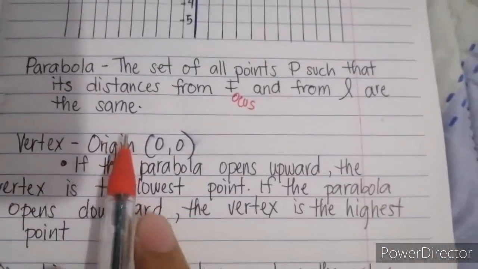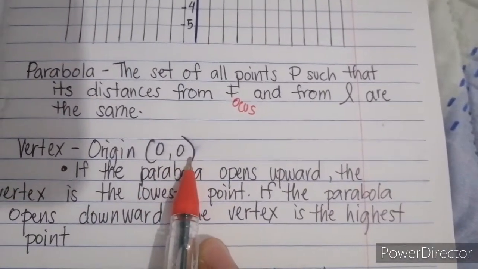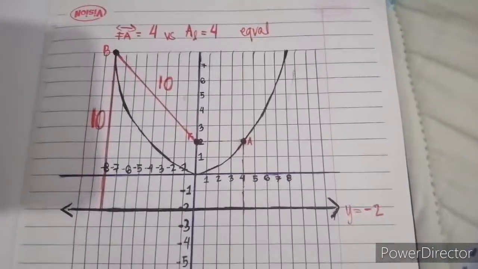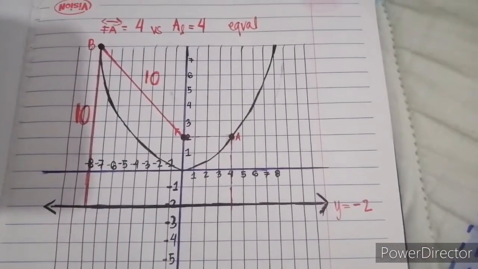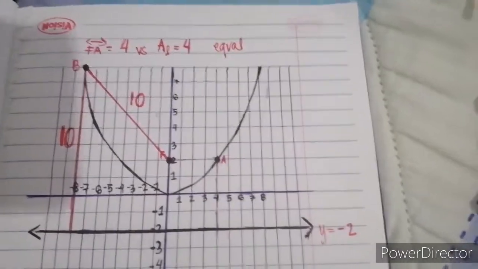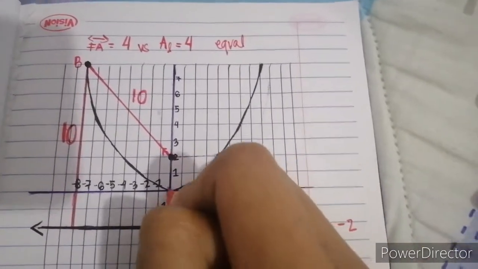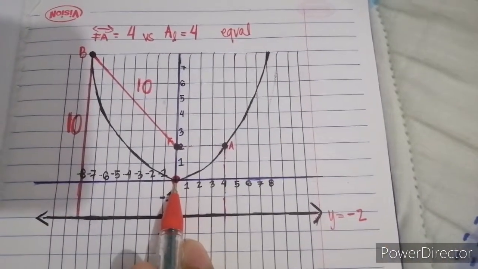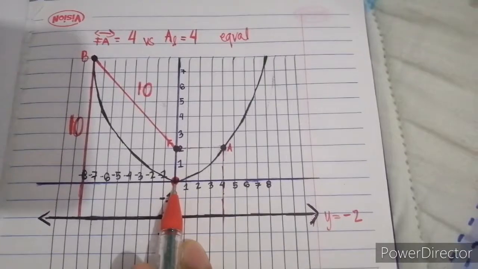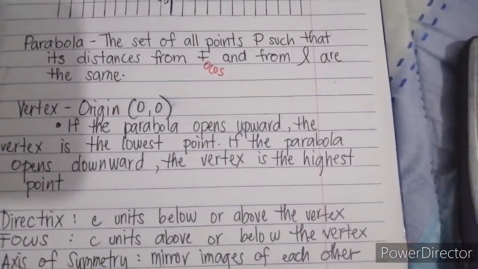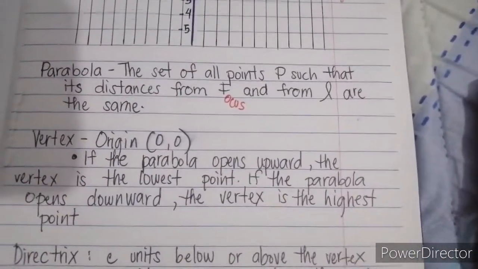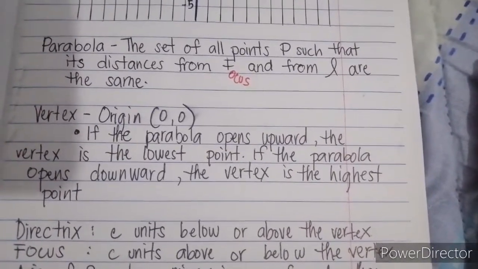If our origin is at coordinates (0, 0) and the parabola opens upward, just like our figure, the vertex is the lowest point, located at the origin. This is what we call the vertex. However, if the parabola opens downward, our vertex should be at the highest point. We will see another example for that.